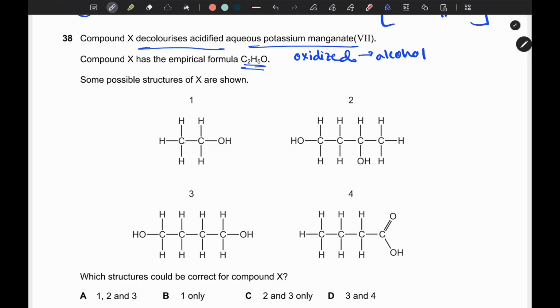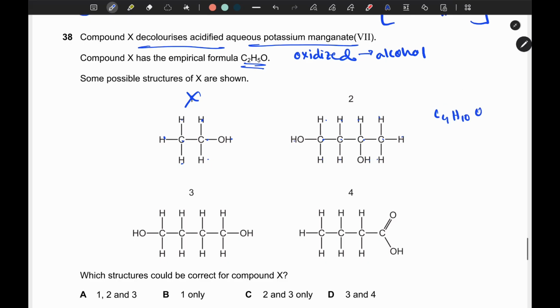So in 1, we have 2 carbons, but we have 1, 2, 3, 4, 5, 6 hydrogens. So 1 doesn't work. Let's look at number 2. In number 2, we have 4 carbons and 10 hydrogens. So C4, H10, and O2. If we simplify this, we get C2, H5, and O. So 2 is correct.